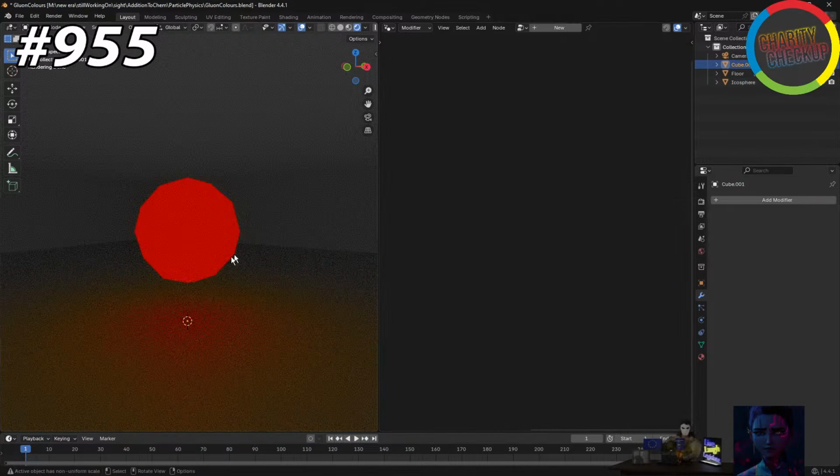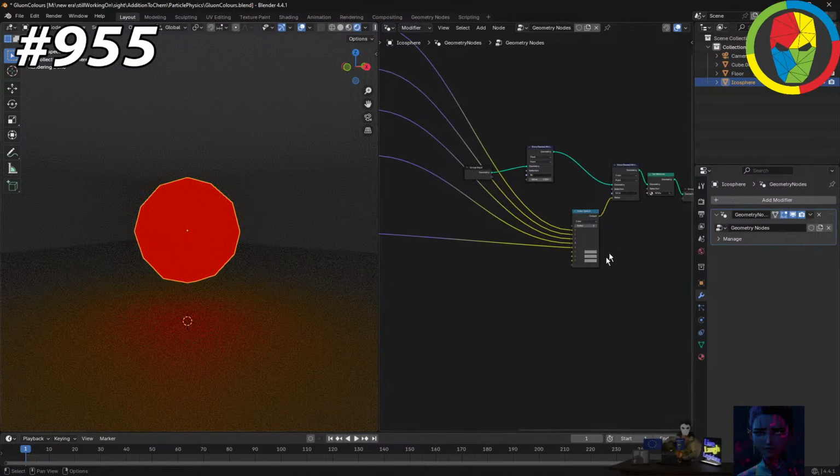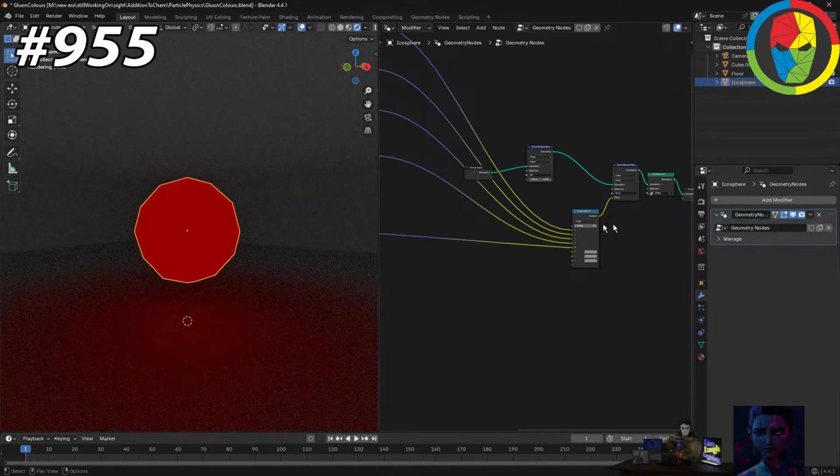I like how this one is red but has a yellow globe, which don't think about too hard. Okay, this is the next one.